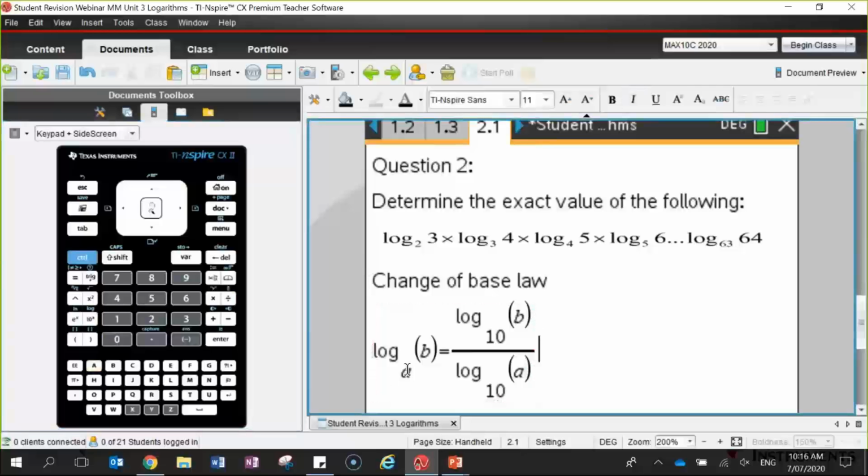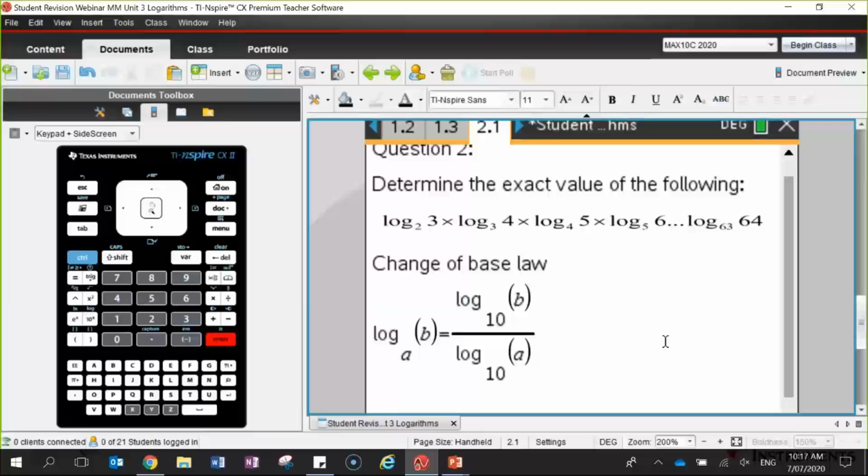So my base for my original log is in my denominator, and my value for my original log is in my numerator. Using that law, I can rewrite this question, and you'll see that it becomes quite an easy question. It's going to take me just a minute to type it, so if you can bear with me.